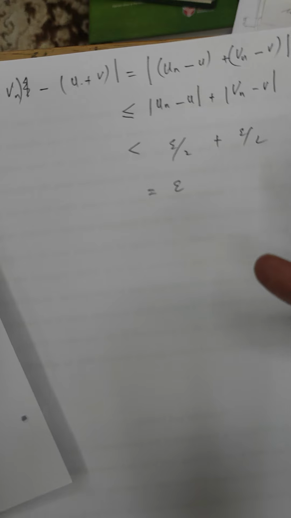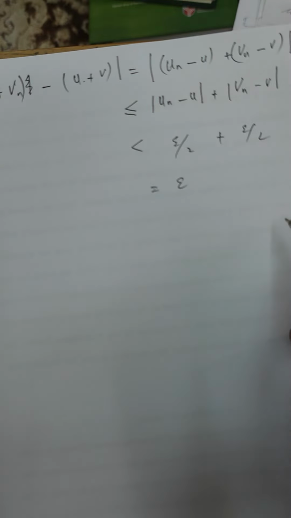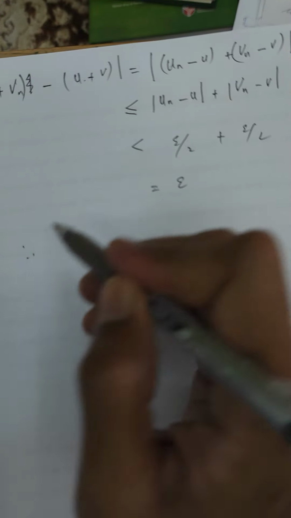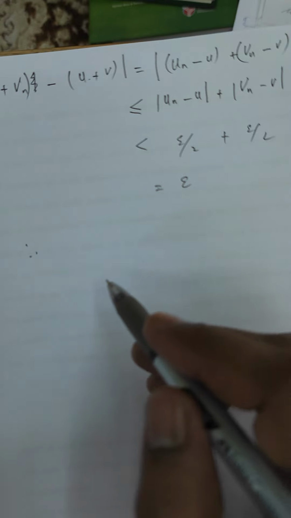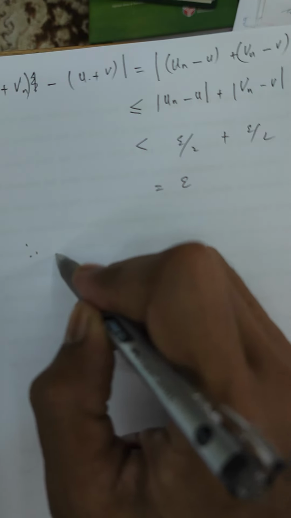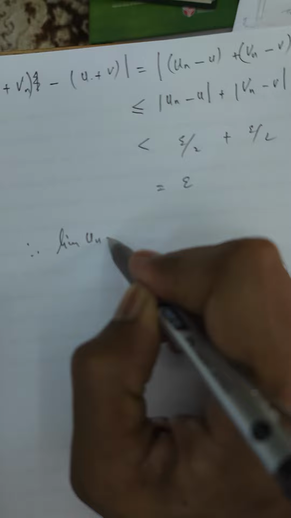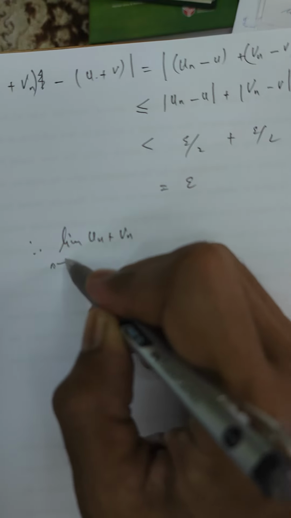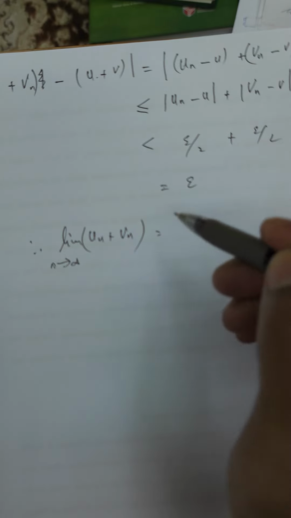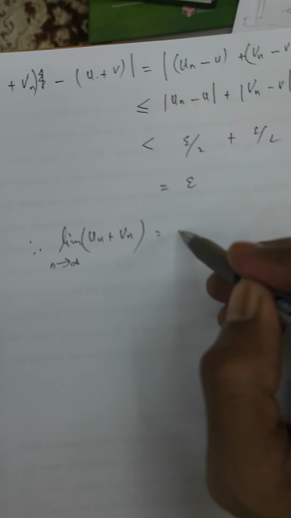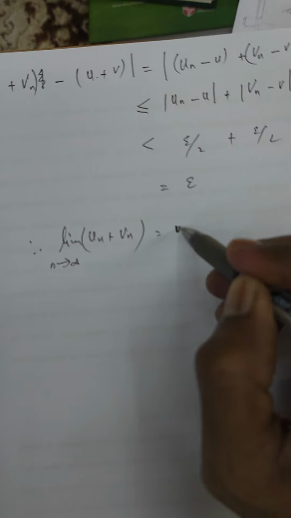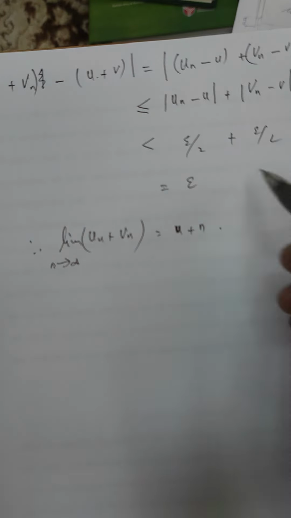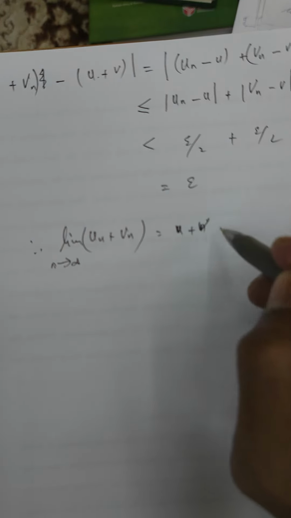We have chosen what N is, which is the maximum between n1 and n2. Therefore, the limit of un plus vn as n goes to infinity is equal to u plus v.